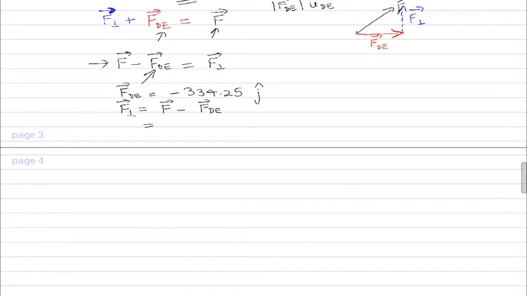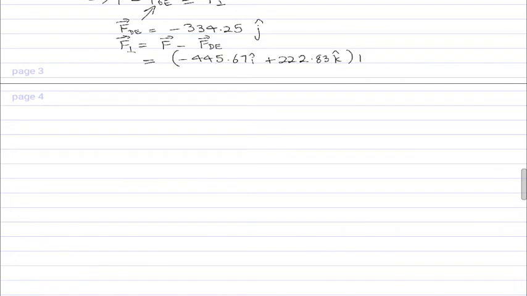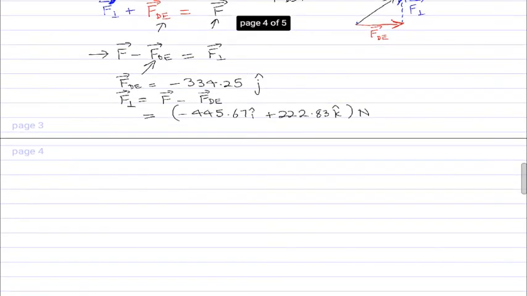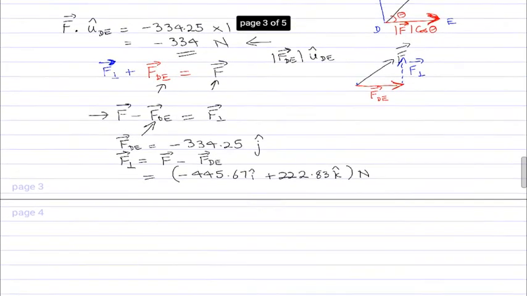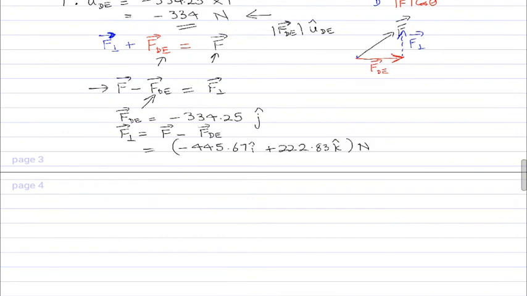When you do that, what you would get is negative 445.67 I plus 222.83 K newtons.